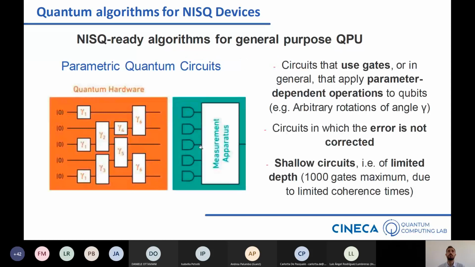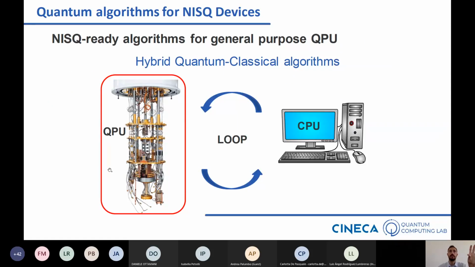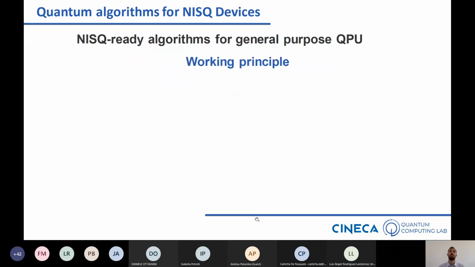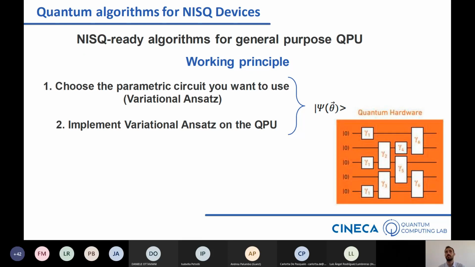So this was the quantum algorithm part. Let's see the whole thing together. What's the working principle of this NISQ algorithm? At first, you choose the shape of your quantum circuit, so you decide which gates you want to introduce in your parametric quantum circuit.